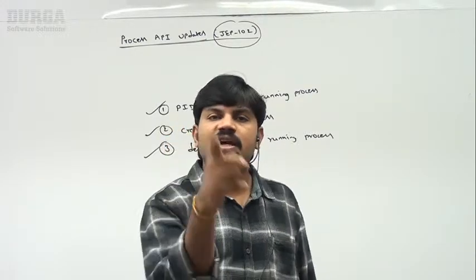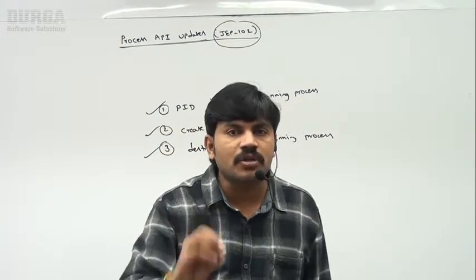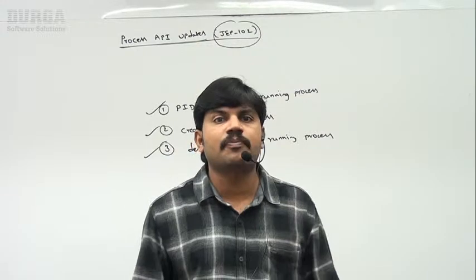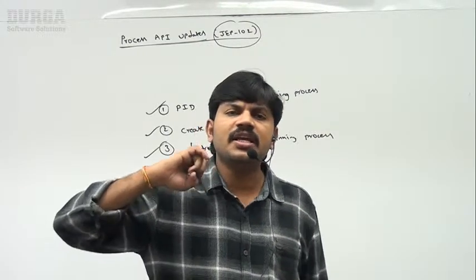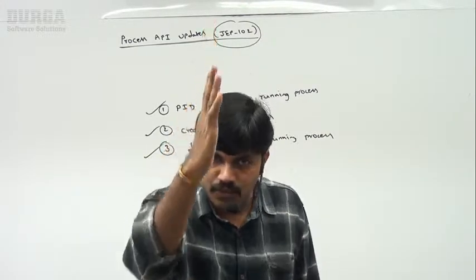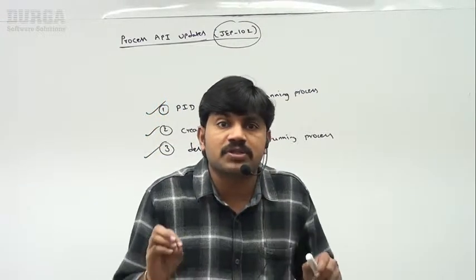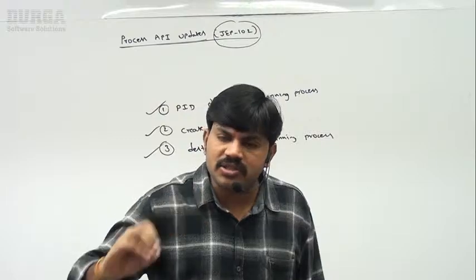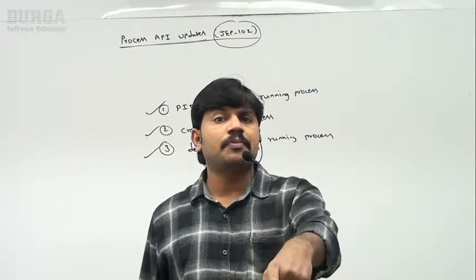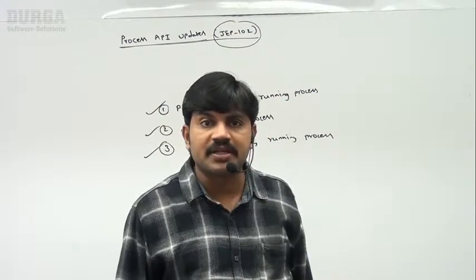Write a Java program to terminate another Java program, such a possibility is there. Any running process you can destroy or stop from the Java program by using the Process API updates. You can also start any new process from the Java program by using the Process API updates.